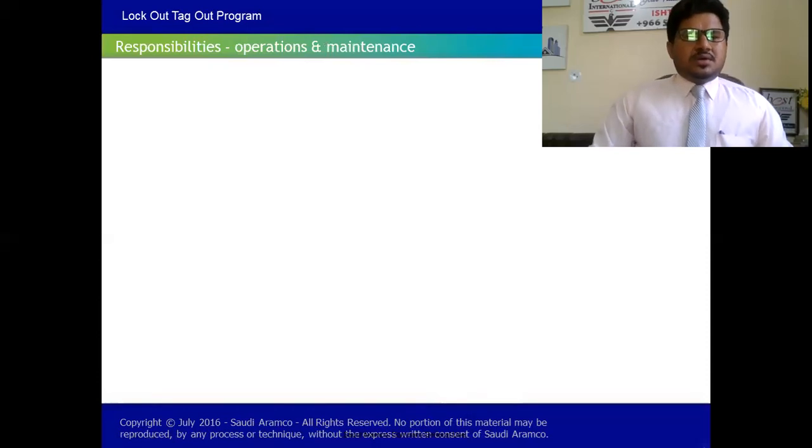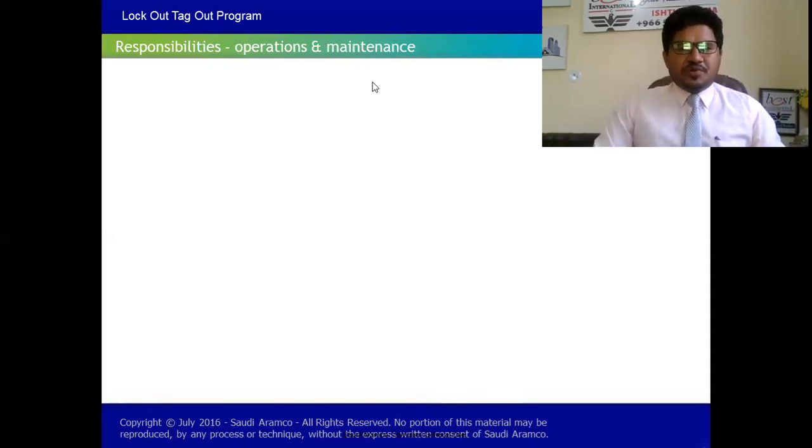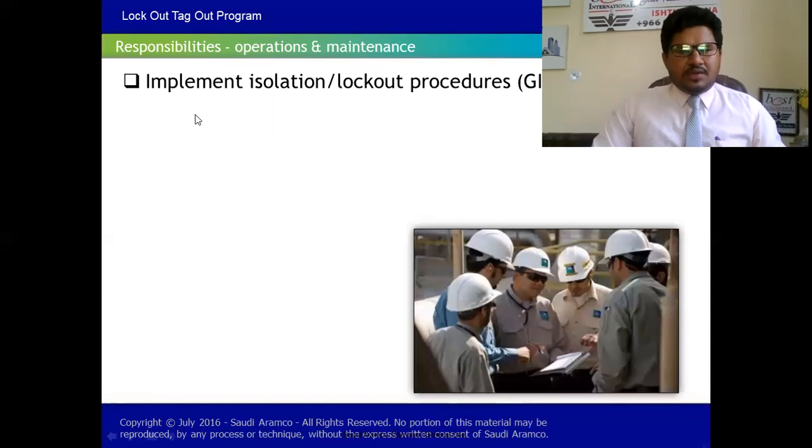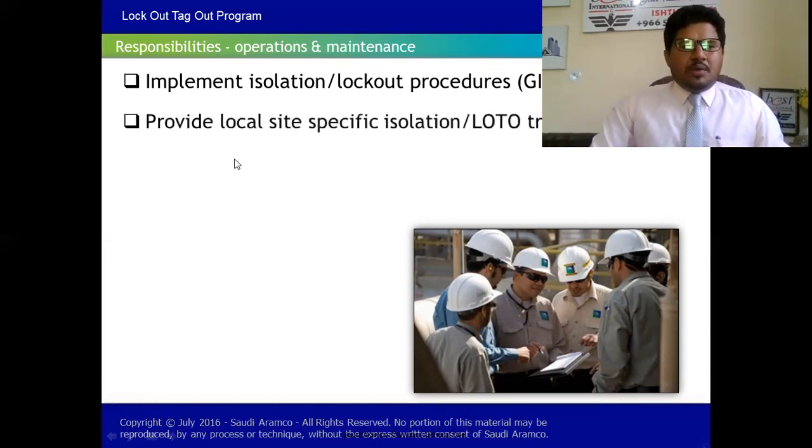So let's talk about the key responsibilities of operations and maintenance. They are responsible for implementation, because the program, the procedures, and even the identification of different systems or points were done by proponent managers. Now, what we need to do is make sure we have an operational or maintenance team to implement isolation lockout tagout procedures as per GI 6.012. Provide local site-specific isolation LOTO training.